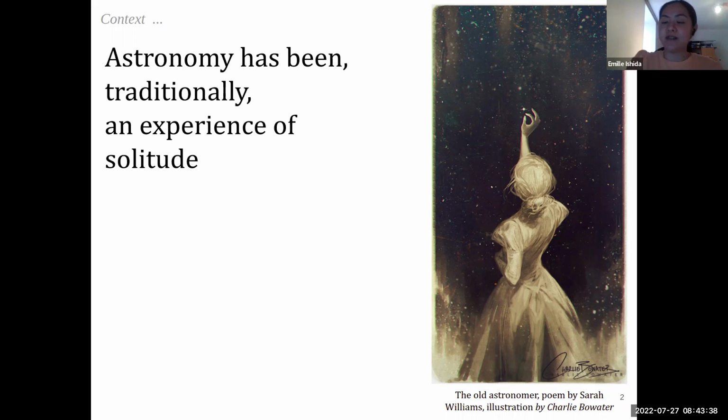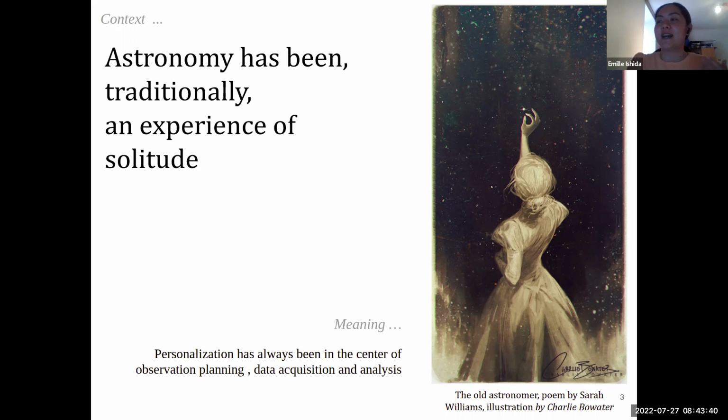What I mean by this is that personalization, designing an experiment for the exact person who is performing the experiment, has always been at the center of our analysis. From the beginning, this was one very lonely guy who stayed up all night at the observatory and had absurdly a lot of data from 1 or 2 very specific objects.